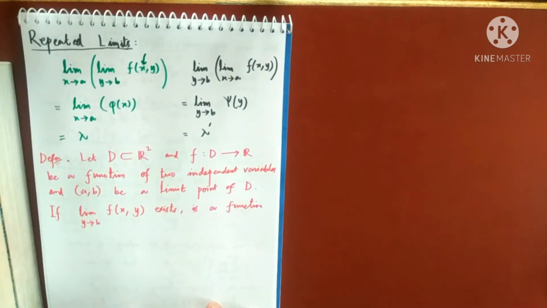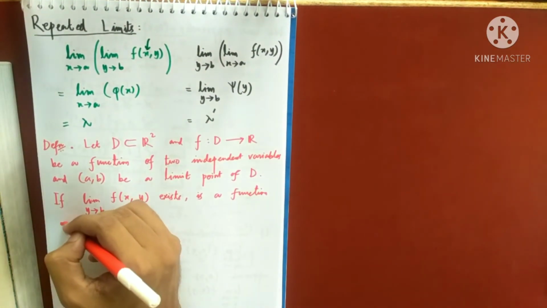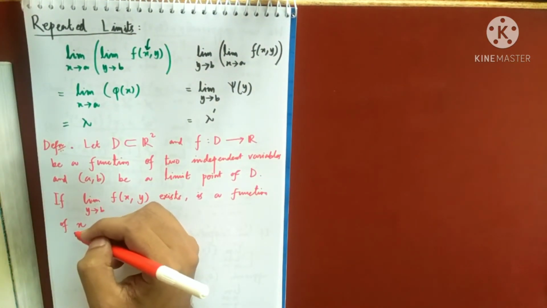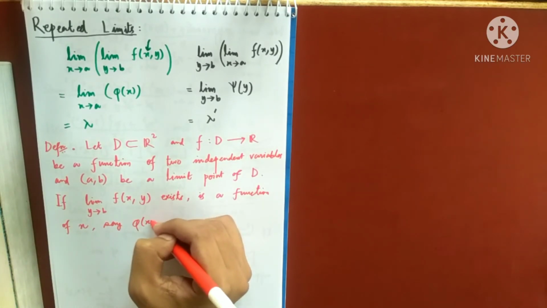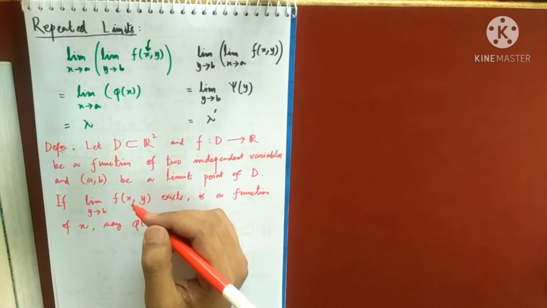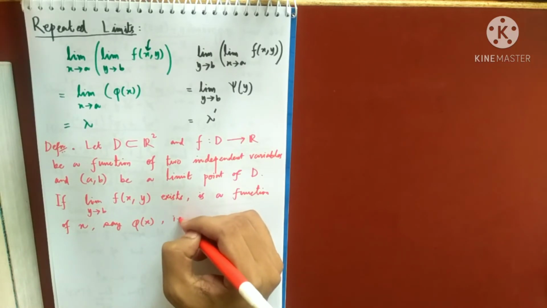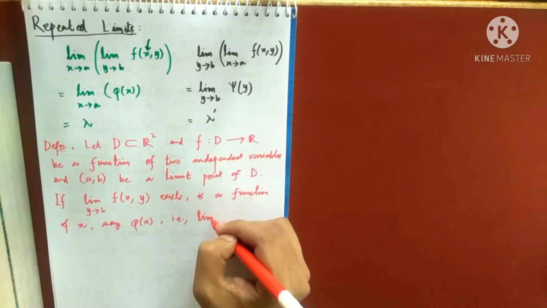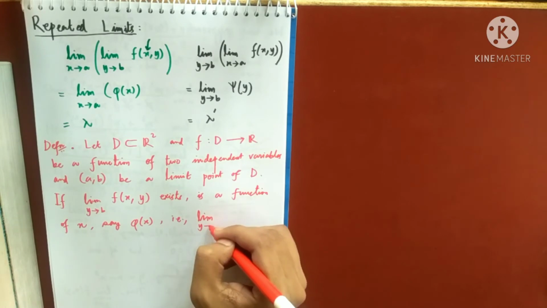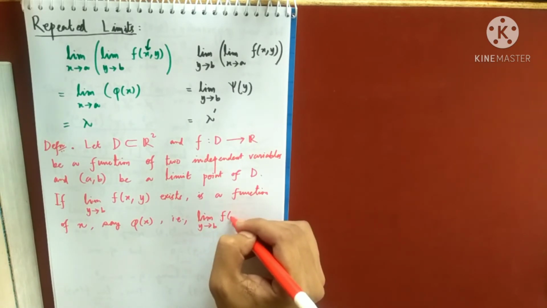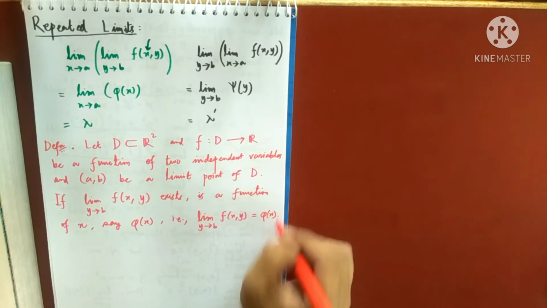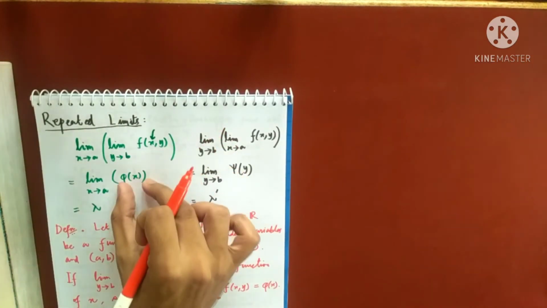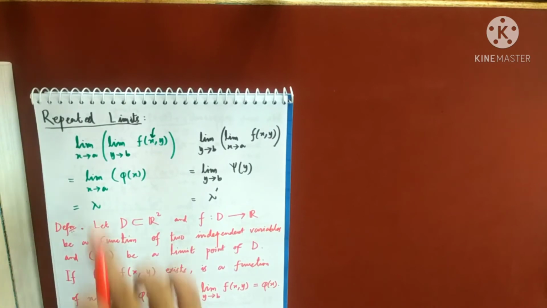That's what they are saying. If this limit exists, it is a function of x, say phi x. So I am assuming that limit y tends to b of f of x comma y is nothing but phi x. This is what I have written here. Next I will find this limit.